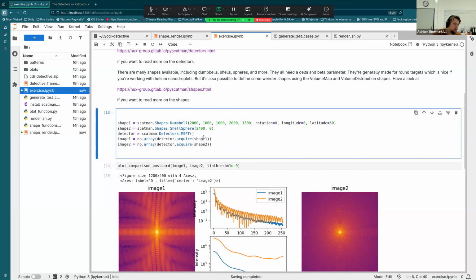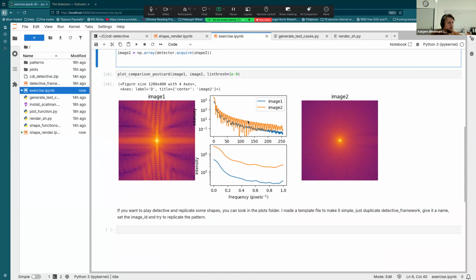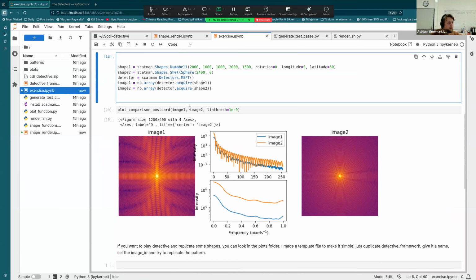So detector.acquire(shape), and then out comes your diffraction image. This is the quick and dirty of this program.